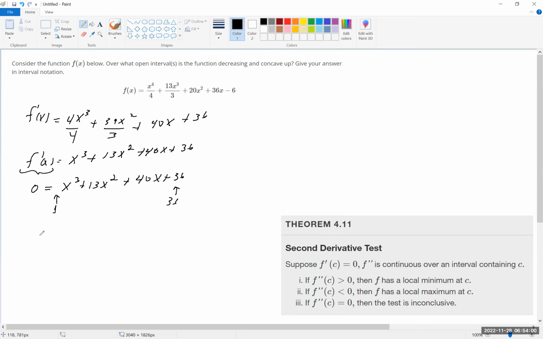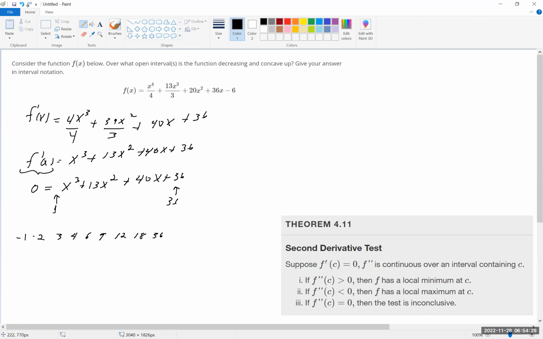So 1, 2, 3, 4, 6, 9, 12, 18, and 36. And also the negative ones.